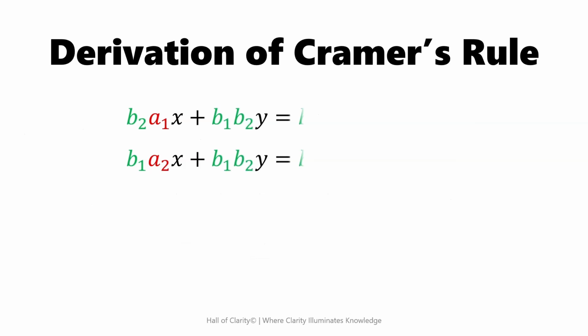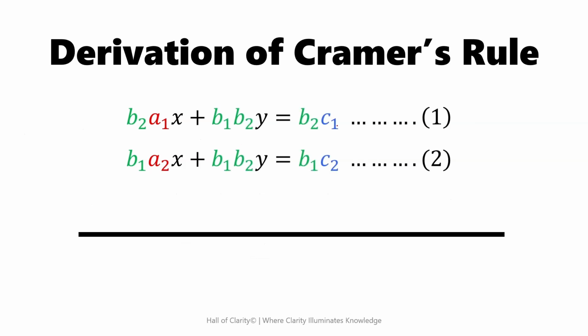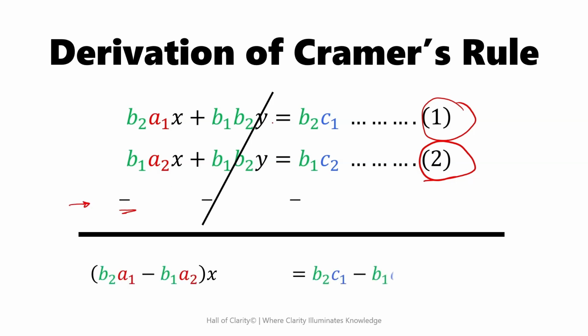Then you all know that after writing those equations, we will subtract equation 2 from equation 1. So after subtracting, what we will get, plus b1b2y and minus b1b2y will get cancelled. And then what will be remaining? This term (b2a1 minus b1a2) into x is equal to b2c1 minus b1c2.